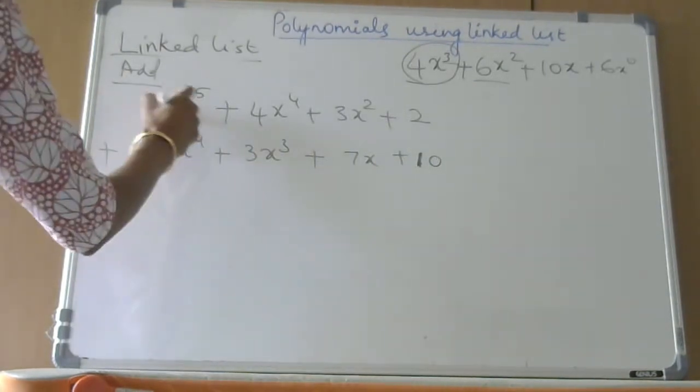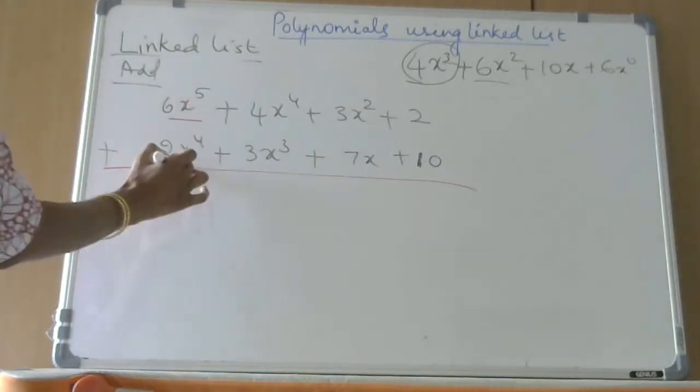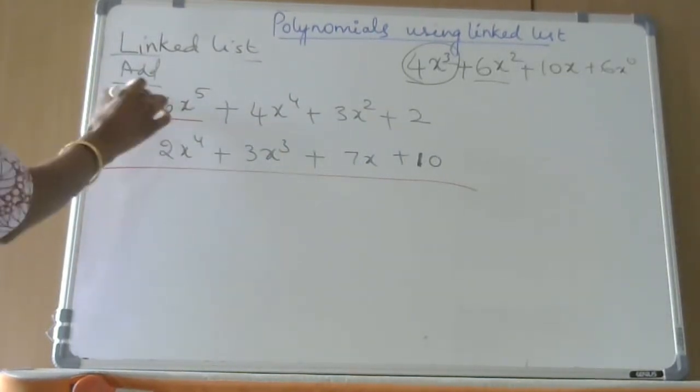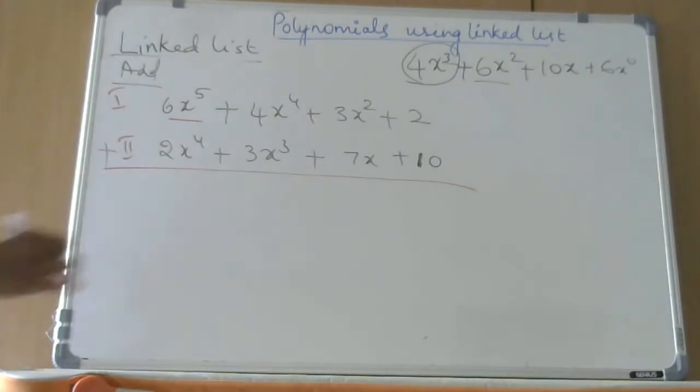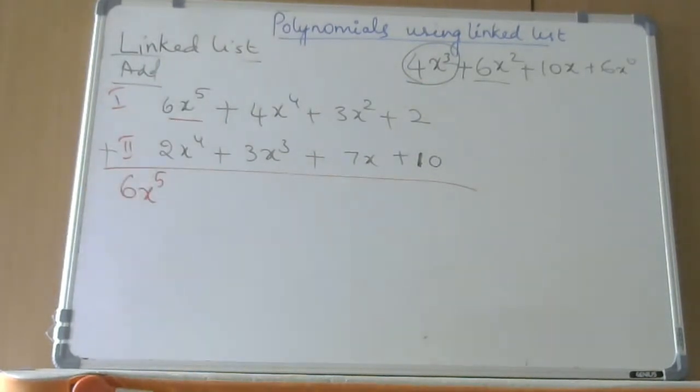How do I add this polynomial? First term is 6x to the power of 5. If I want to add this, there is no x to the power of 5 term in the second polynomial. This is the first polynomial, this is the second polynomial. Correct? So I will retain 6x to the power of 5 as it is.